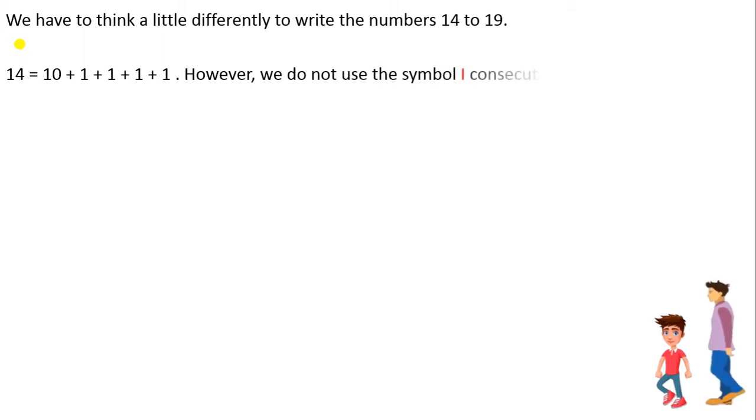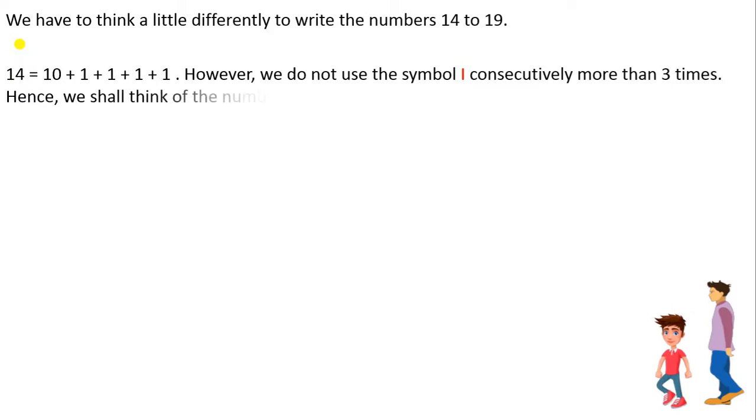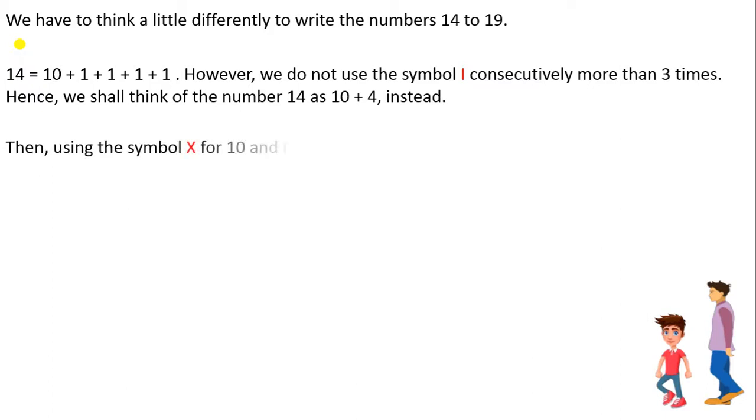But we know that we do not use the symbol I consecutively more than 3 times. Hence, we shall think of the number 14 as 10 plus 4. So, for 10 we use X as a Roman numeral, and for 4 we use IV. So, 14 will be written as XIV in Roman numerals.